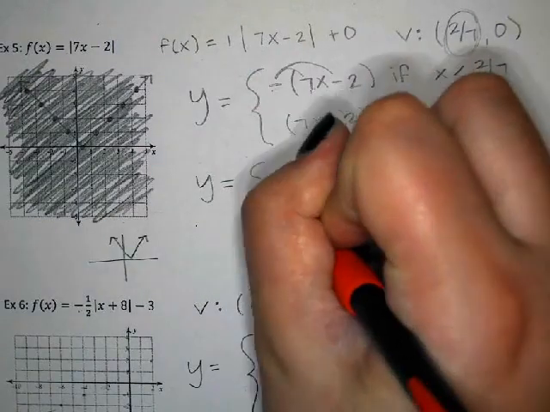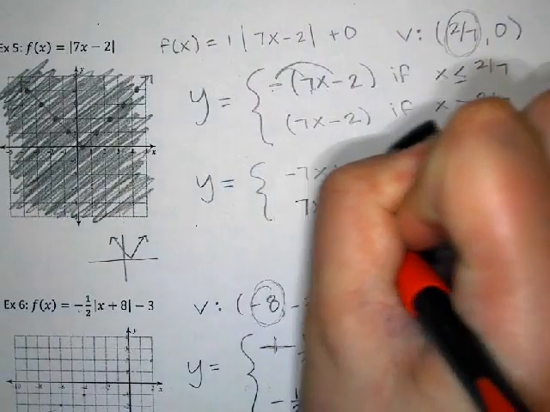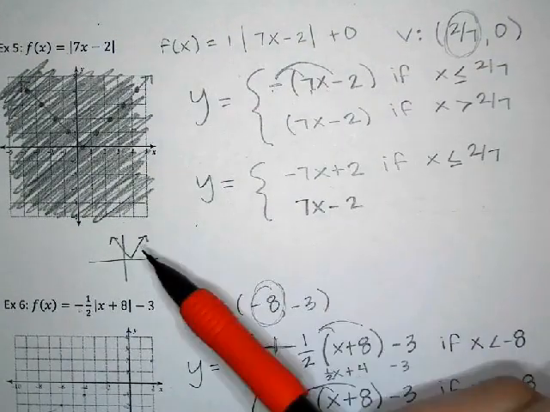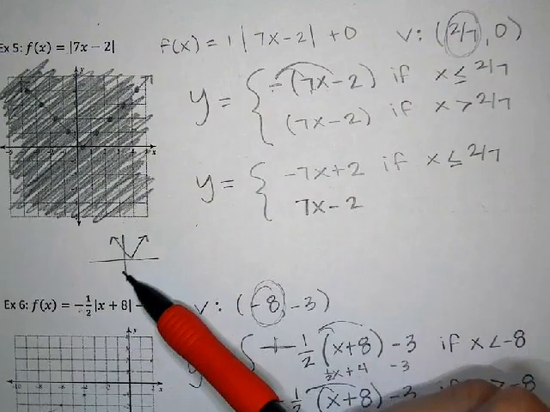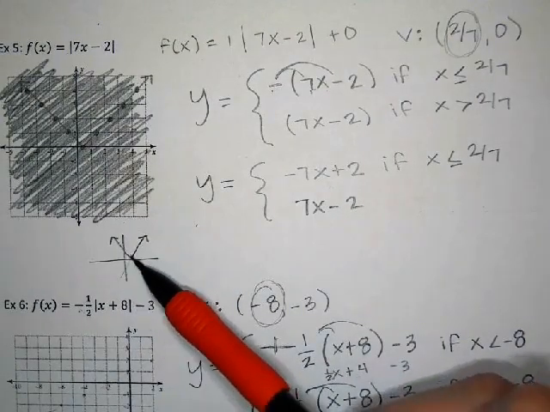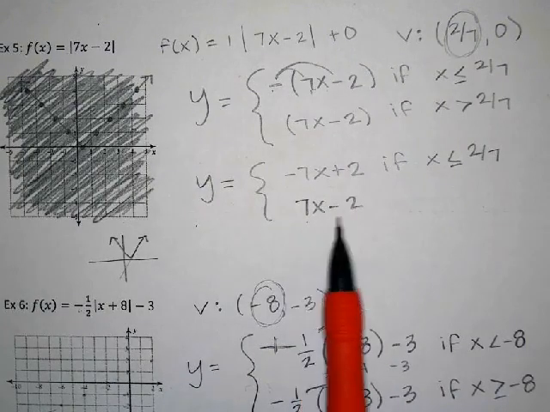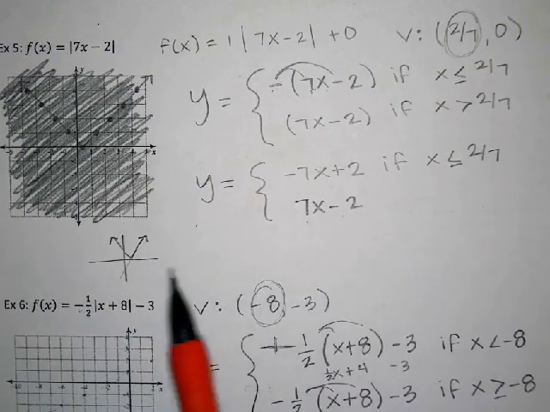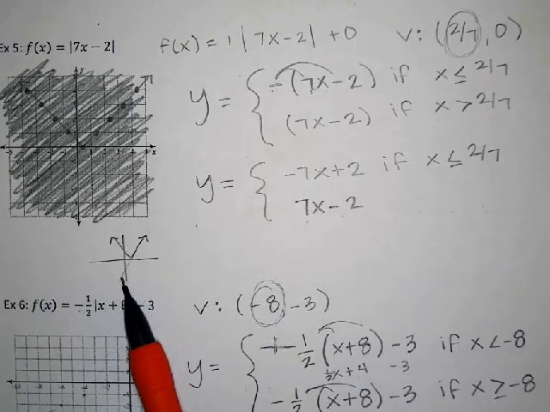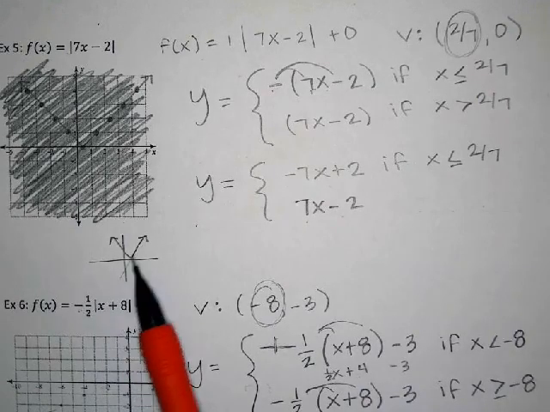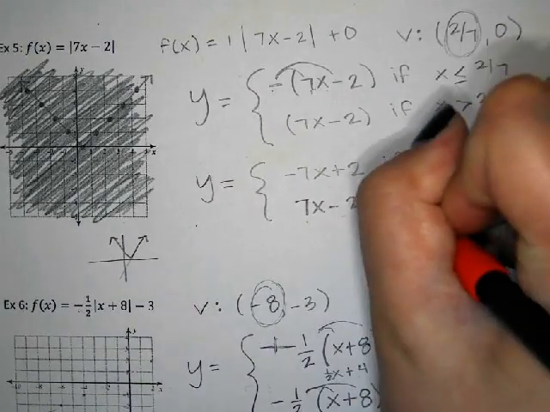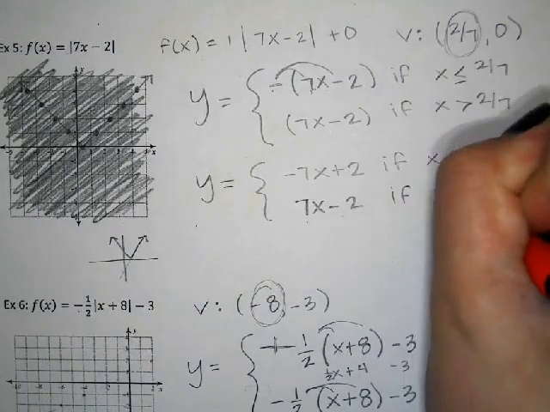So if we look at the right side, I'm going to kind of extend this so I can see the rest of the picture. Does that fit positive slope, negative y-intercept? Does that fit? Okay, so that's reasonable. All right, there's our piecewise function.